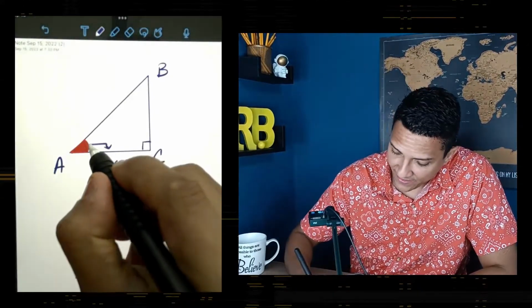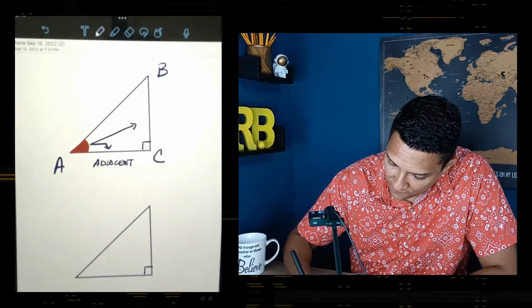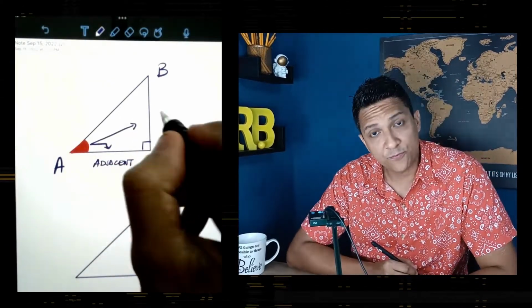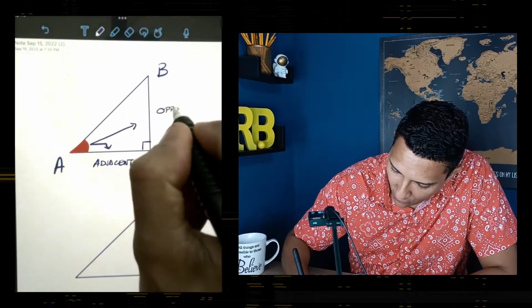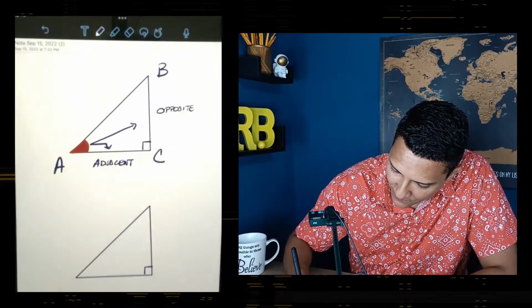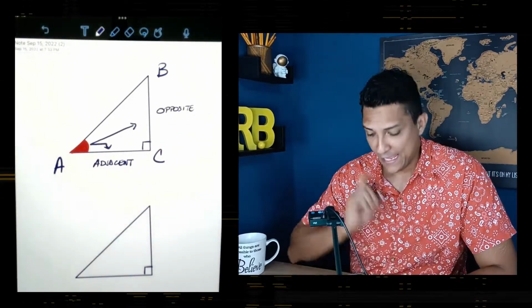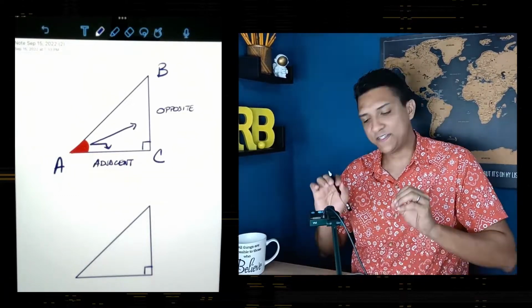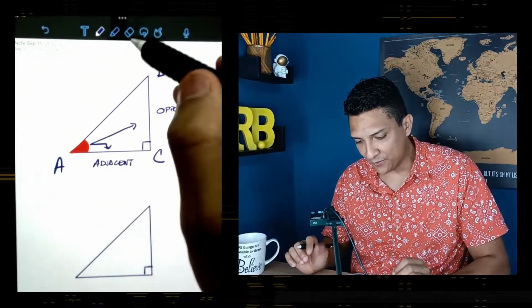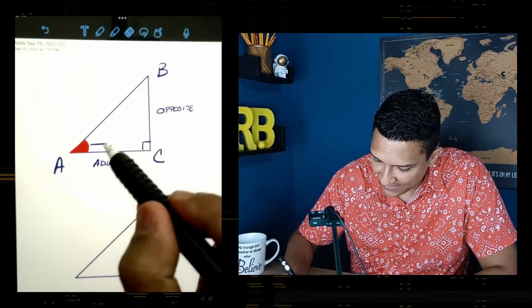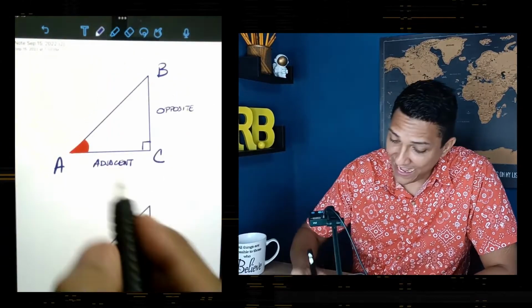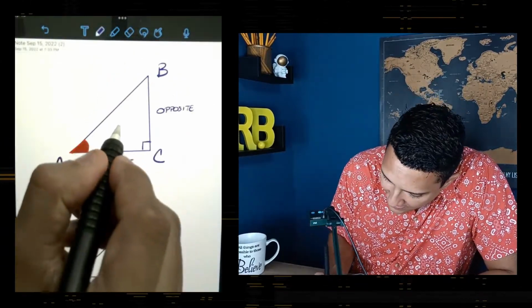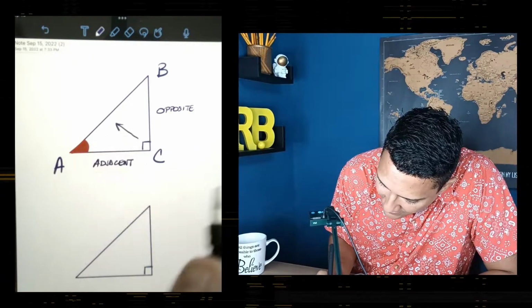And the side that is in front of the angle of reference is what we call the opposite side, okay? There is a side that is the easiest one to find out, okay? And that side is the hypotenuse. The hypotenuse always is in front to the 90 degrees.